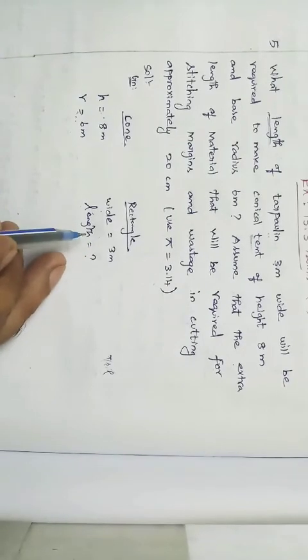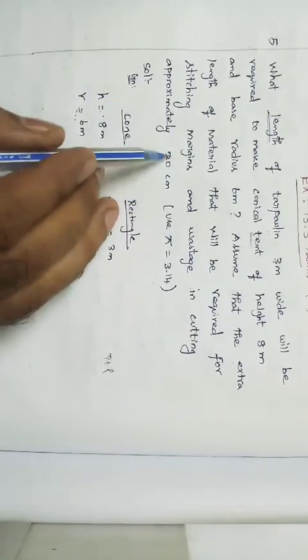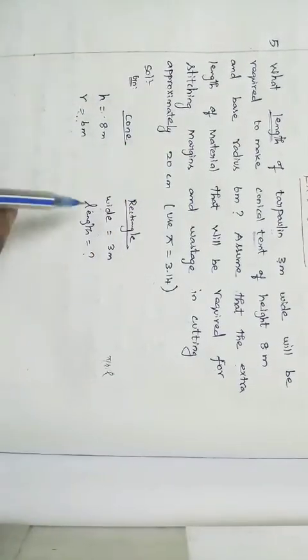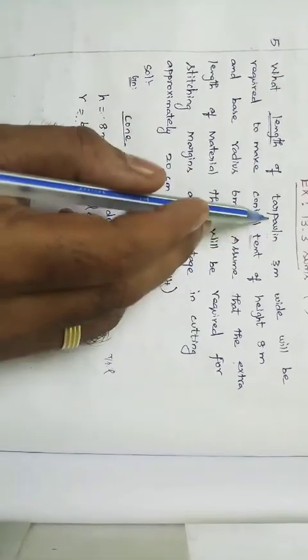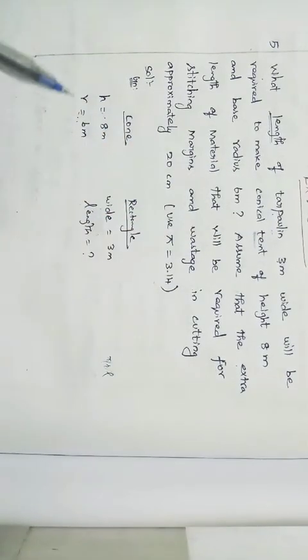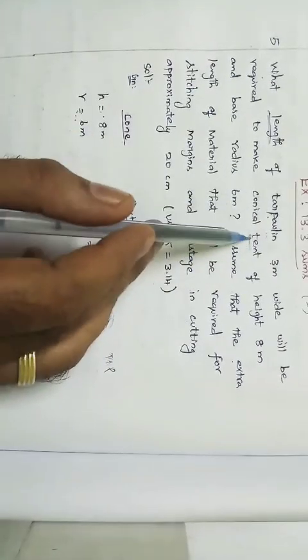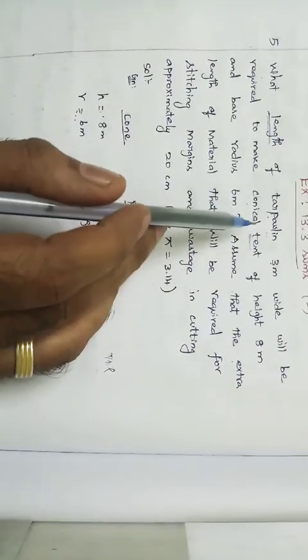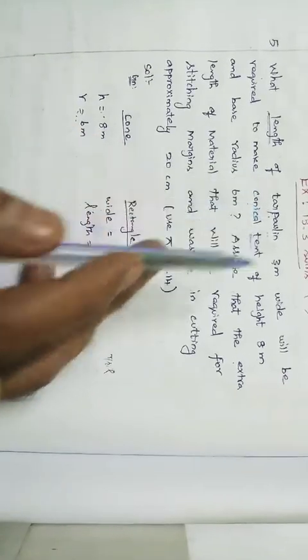After getting the length, they said wastage 20 centimeter, right? So we have to add the wastage to the length and that is the total length of the tarpaulin. What length of tarpaulin are they asking? So just understand, by using the rectangular tarpaulin, they made a conical tent. So curved surface area of a conical tent is equal to area of a rectangle.